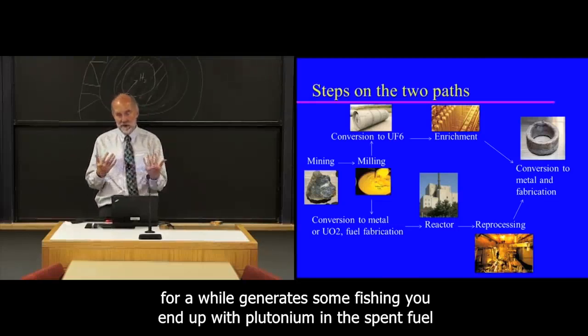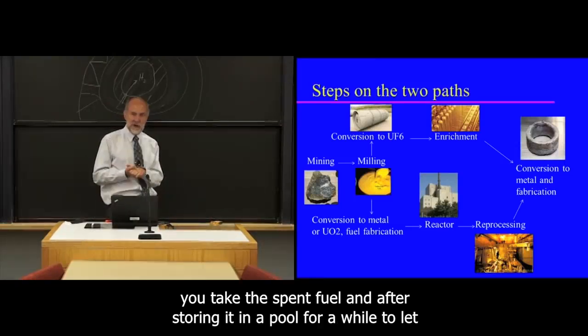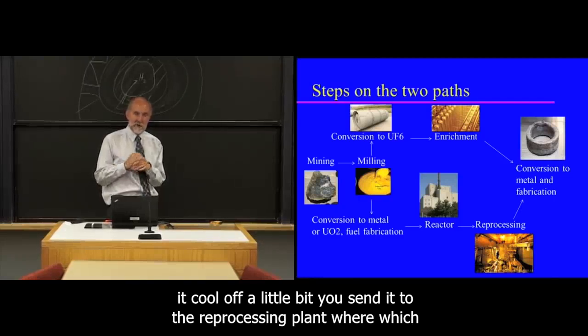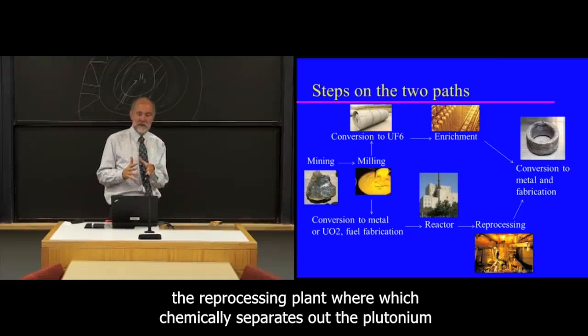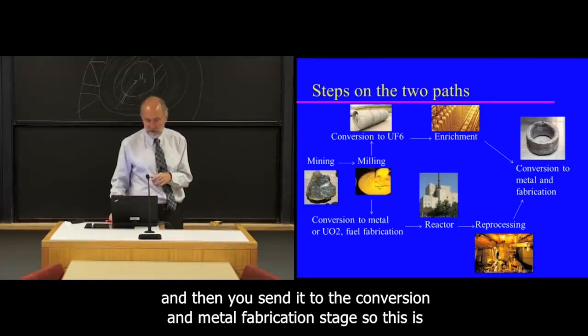You end up with plutonium in the spent fuel. You take the spent fuel, and after storing it in a pool for a while to let it cool off a little bit, you send it to the reprocessing plant, which chemically separates out the plutonium, and then you send it to the conversion and metal fabrication stage.